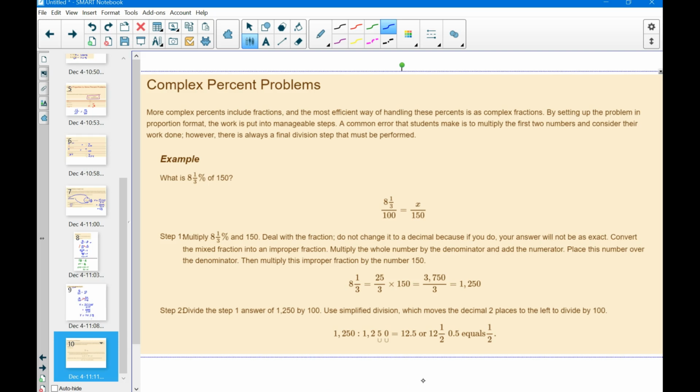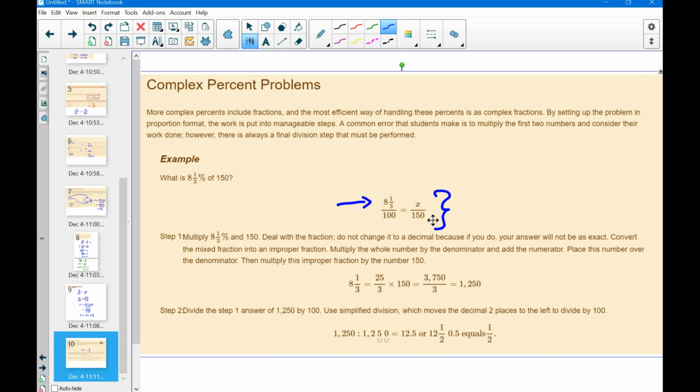So when they say complex percent problem, you're talking about this piece right here, because they have a fraction on the top now, where it's 8 1/3% of 150. So you put those in the equation, percent over 100 equals is over of, and it turns out like this.